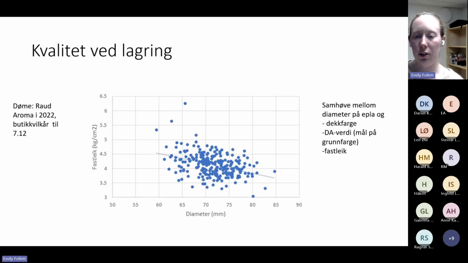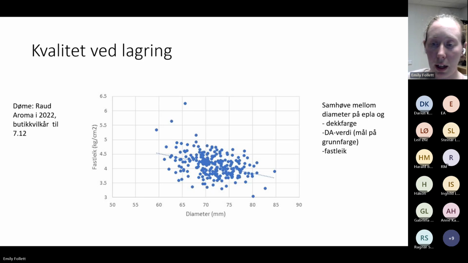And here is a graph from the same fruit just after storage and 14 days of shelf life. And this compares diameter to firmness, regardless of crop load level. And here there's a clear trend that larger fruit have lower firmness after storage.